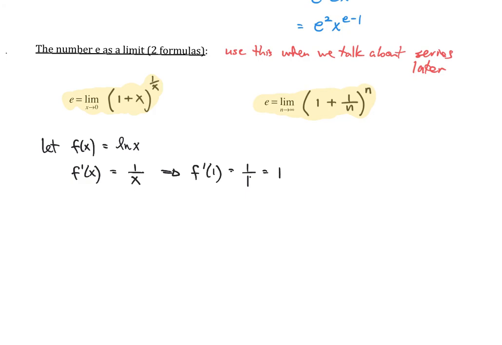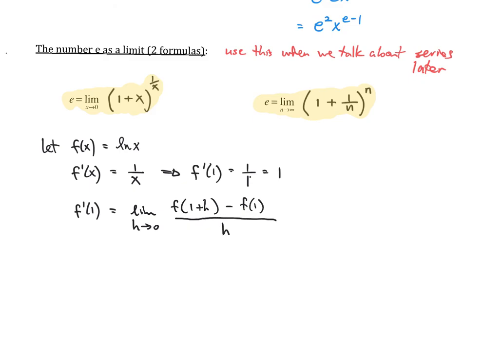So on the one hand, we know that f prime of 1 is equal to 1. Now, let's write it a different way. Let's use the definition of the derivative: the limit as h goes to 0 of f of 1 plus h minus f of 1, divided by h.